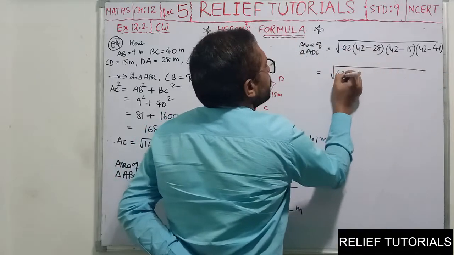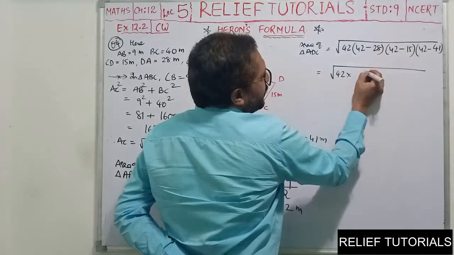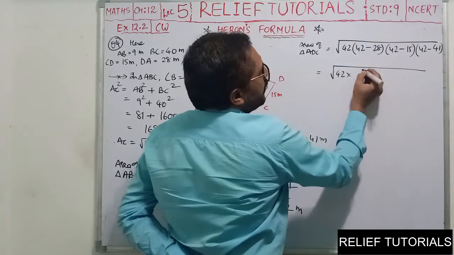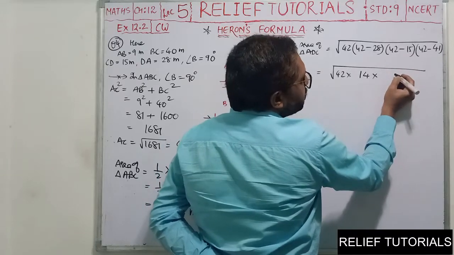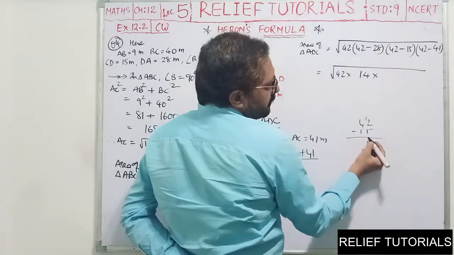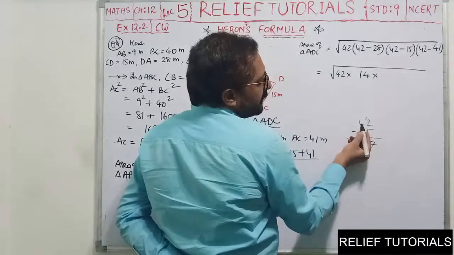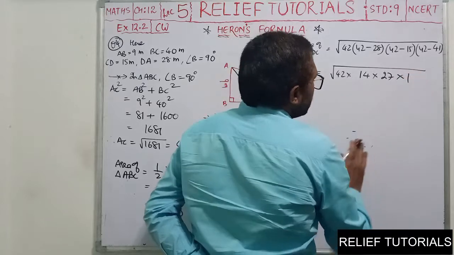So here 42 minus 28 is 14, 42 minus 15 is 27, and 42 minus 41 is 1.